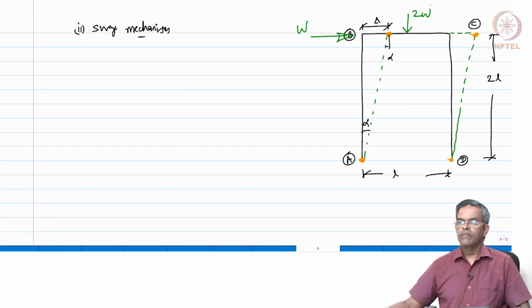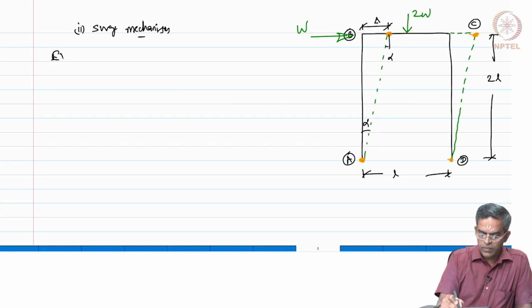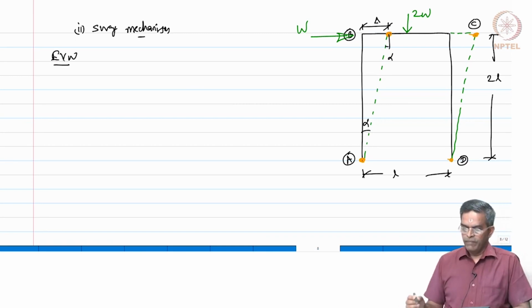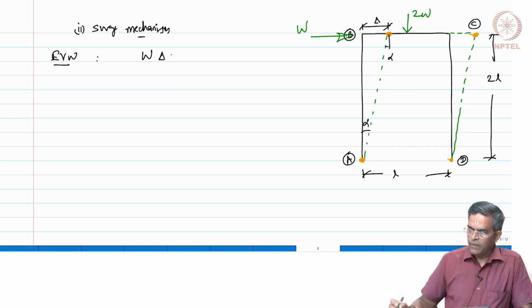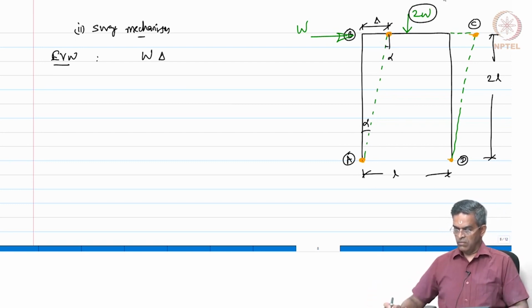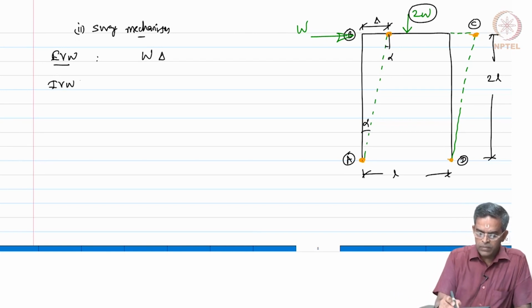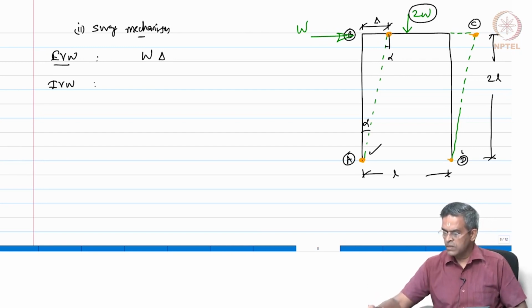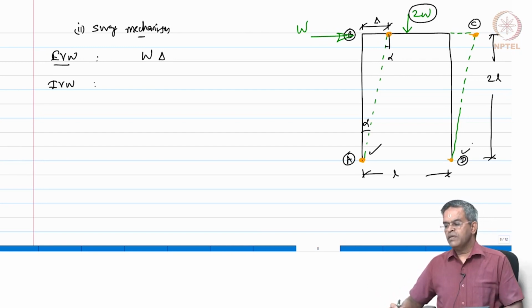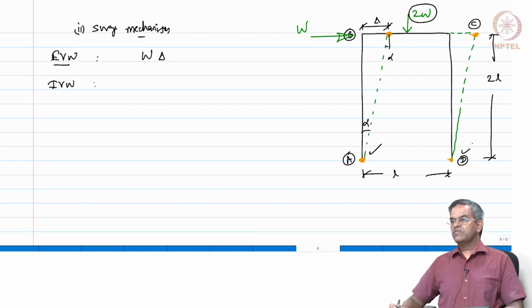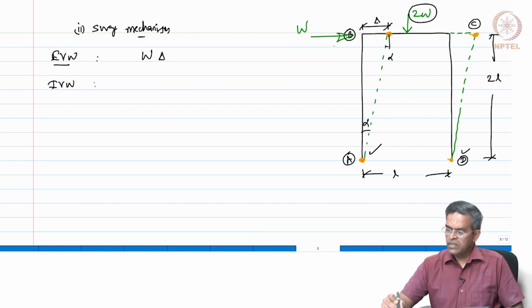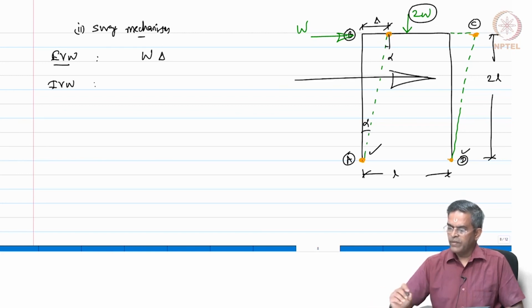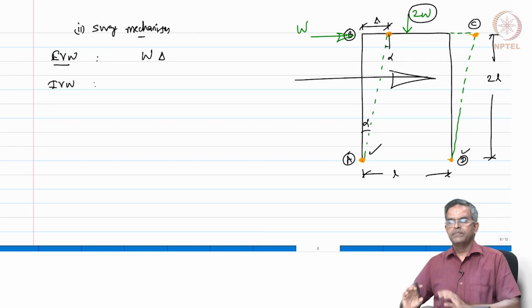Let us write down the external virtual work, which is going to be only W into delta, because this will not do any work as it has not undergone any displacement. And now let us estimate the internal virtual work. So, one work done is here, it is rotated, other work done is here, it is rotated. The angle between the normals should be same, but there is only a stick to sway here. The frame has just swayed.